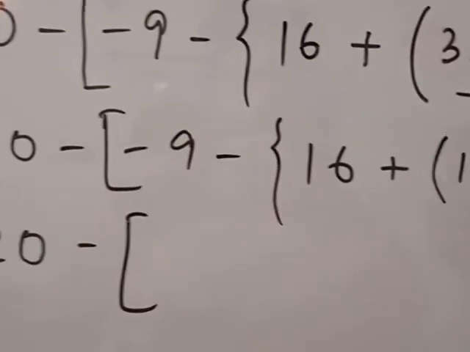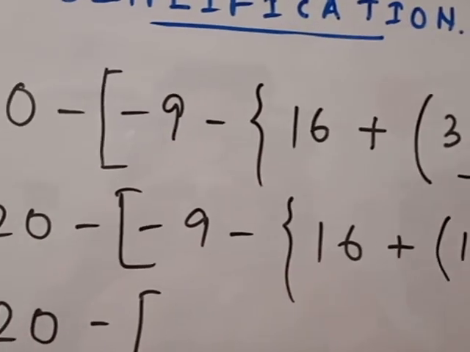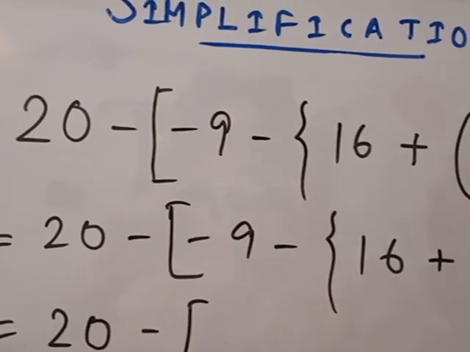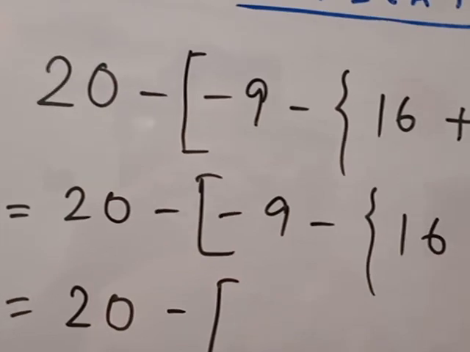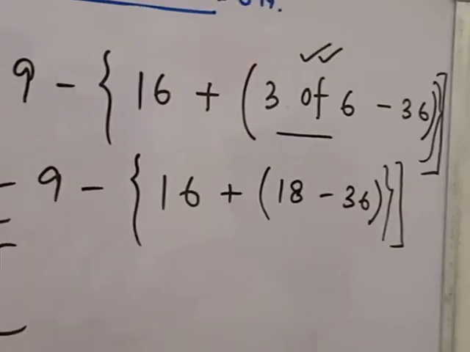One more thing: if of is given, you have to do the work of the of first. If bar is given, then you have to do the work of the bar first.